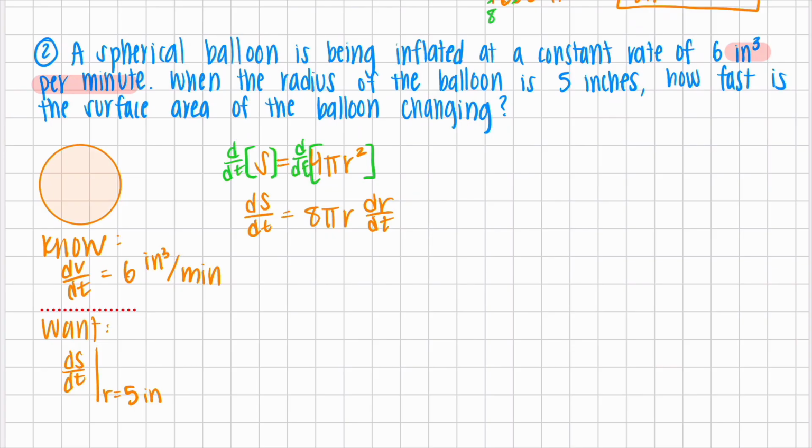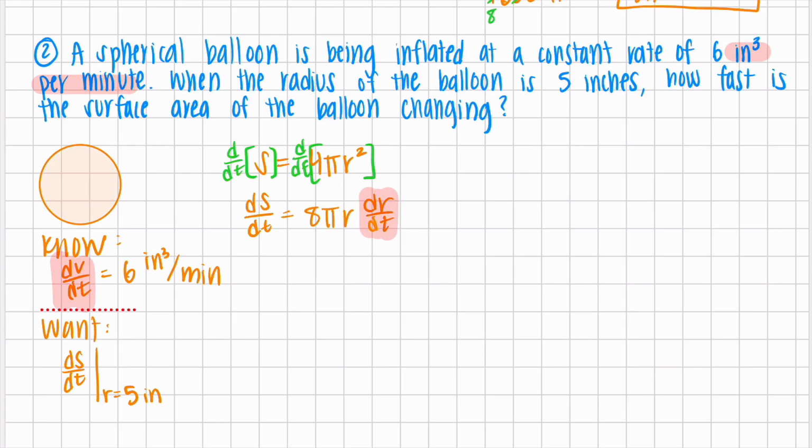Notice that I'm solving for dS/dt, and I have dr/dt, but I don't know dr/dt, I know dV/dt. So we're going to have to do some extra work to figure out what dr/dt equals.